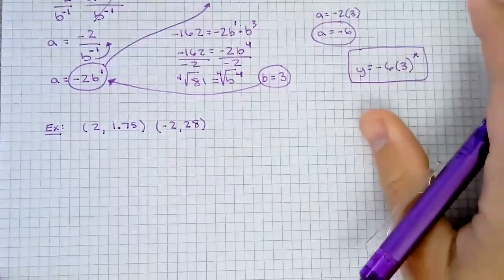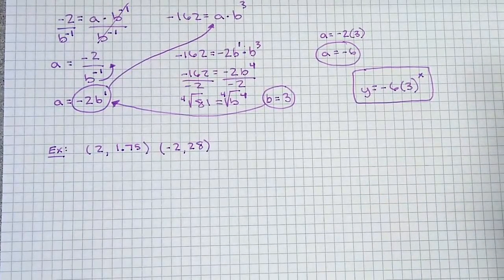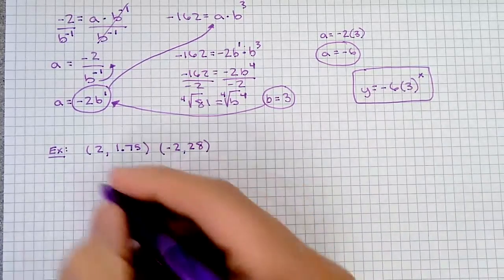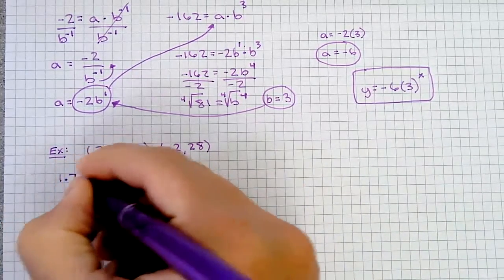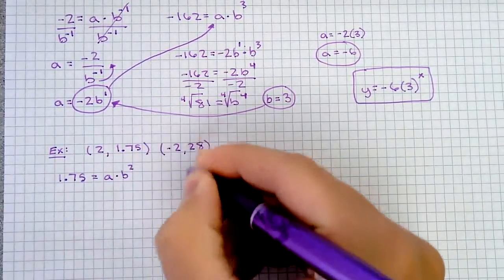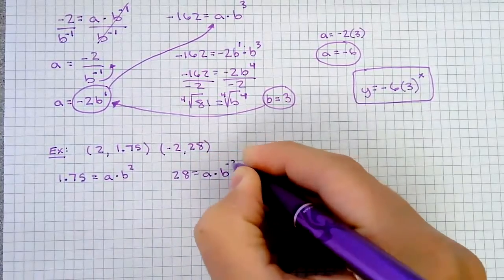All right, I'll do another example here. Okay, so we plug them into the equations. First one, 1.75 equals a times b squared. Plug this one in, 28 equals a times b to the negative 2.